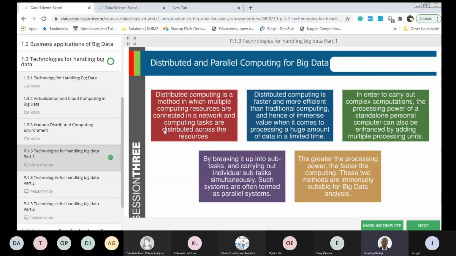So you are employing more processing power. For the computer, you are employing more processing power in order to be able to solve that problem. So for parallel computing, what you are trying to leverage is, can I employ more processing power in order to be able to solve a problem? For distributed computing, what you are trying to do is to aggregate resources together.